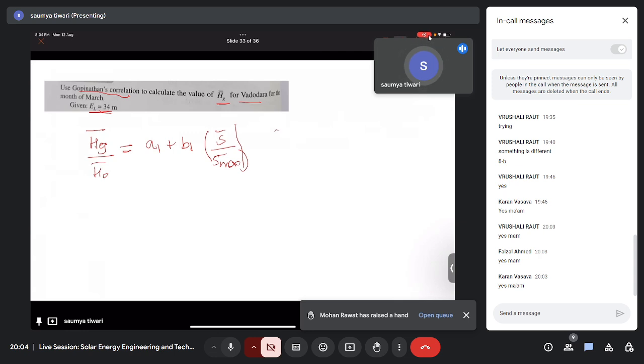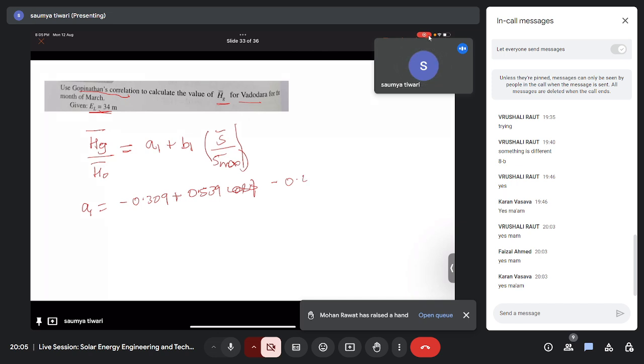Now A and B: A1 was given as minus 0.309 plus 0.539 cos phi, and this was the elevation angle.